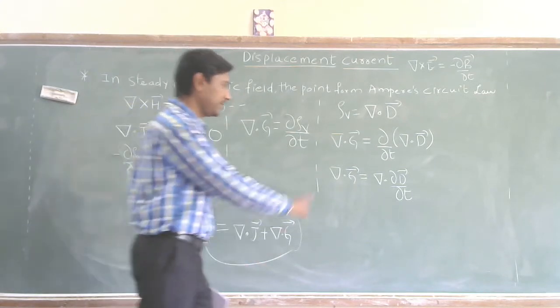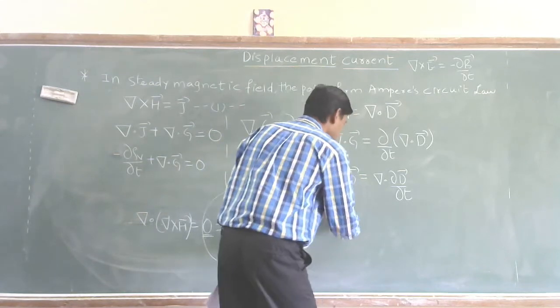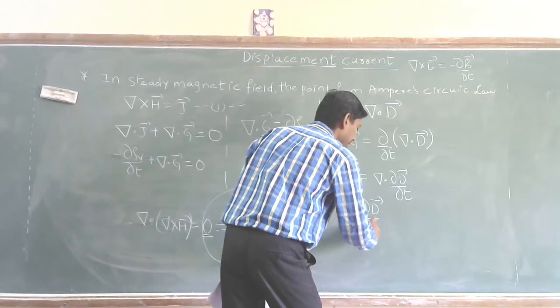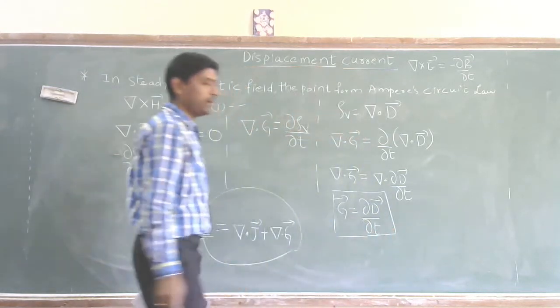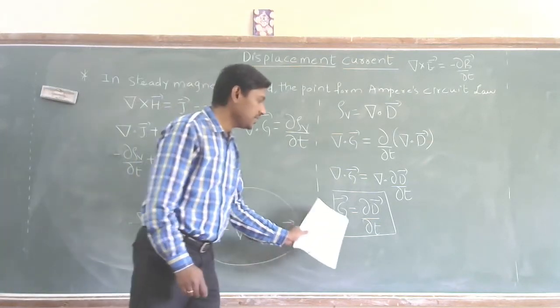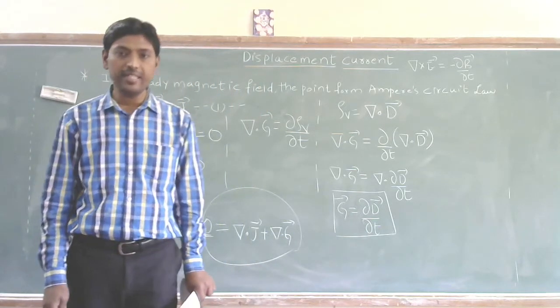So now this equality tells that G is equal to ∂D/∂t. So you could see that we have determined the unknown quantity, which is the partial derivative of D with respect to the time.